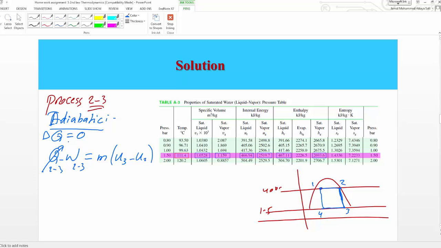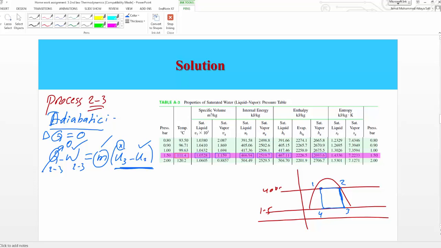And this one is 0, so the work is equal to the mass multiplied by the change in the internal energy. And let's see what we have. Do we have the mass? We have U2, because 2 is fully defined. The work here, remember, is given, and the only thing that I don't know is actually U3, and that's what I need to find.